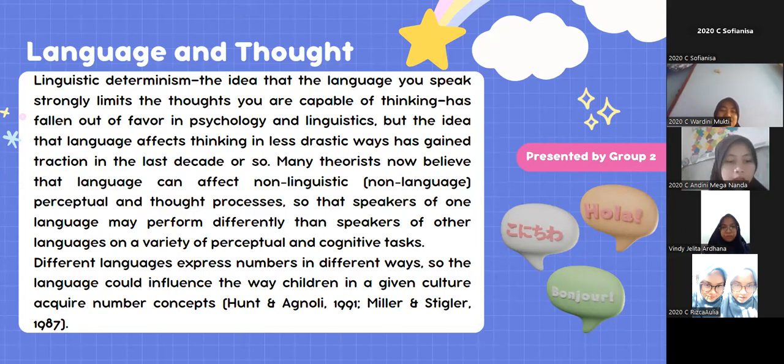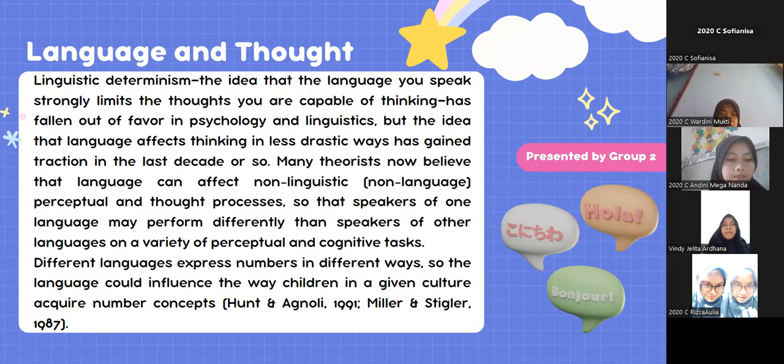Many theorists now believe that language can affect non-linguistic perceptual and thought processes, so that a speaker of one language may perform differently than a speaker of another language on a variety of perceptual and cognitive tasks.